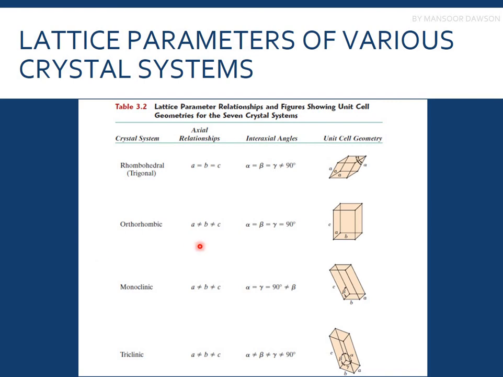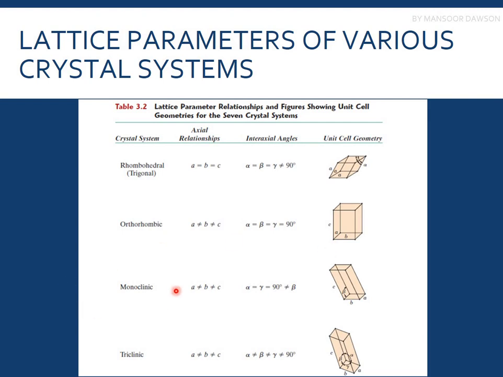In orthorhombic, again it is similar to cubic, or to tetragonal, but in this all the angles are equal to 90 degrees, but none of the sides is equal. The length a, the breadth b, and the height c are all not equal to each other.